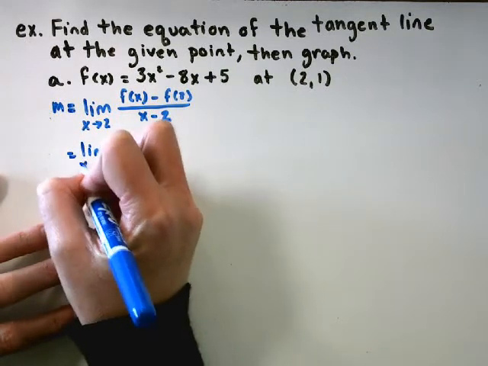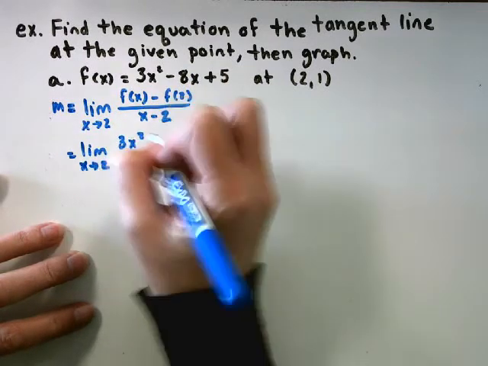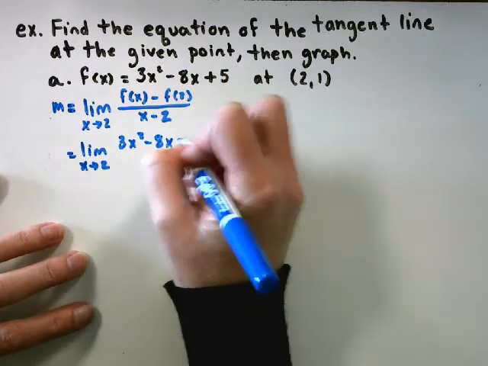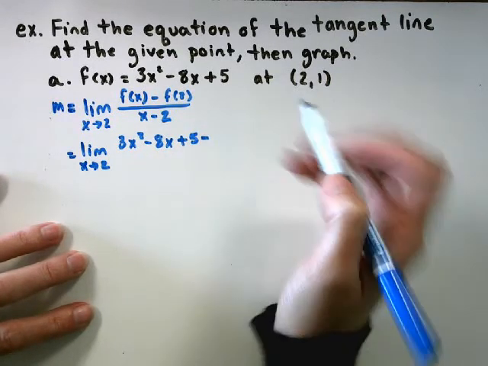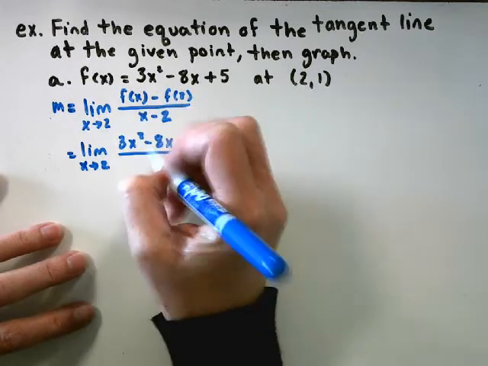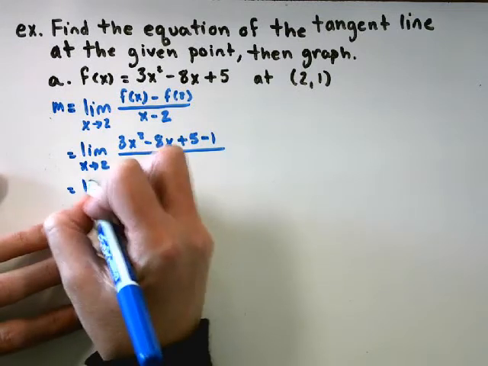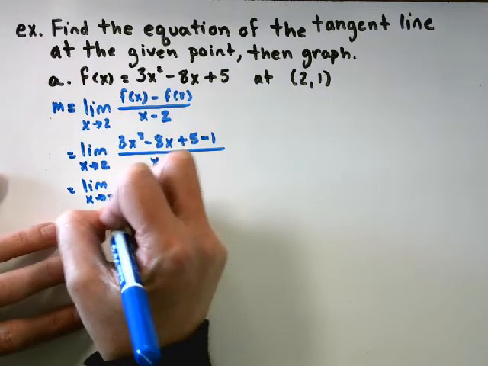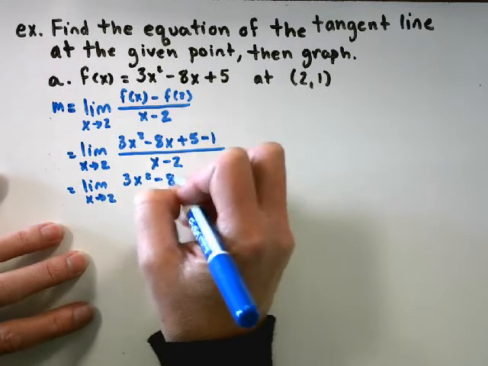So f of x is 3x squared minus 8x plus 5, minus f of 2, which is 1. We don't have to plug it in. We're just given that. So we have the limit as x goes to 2 of 3x squared minus 8x plus 4.